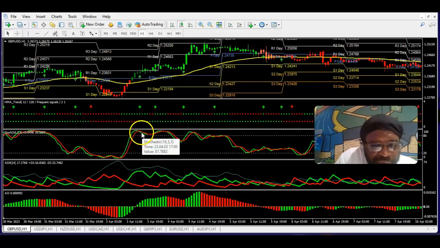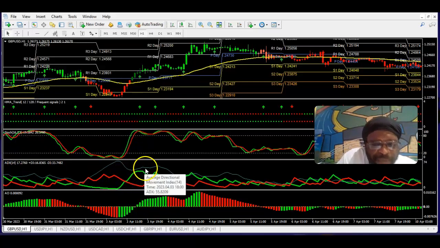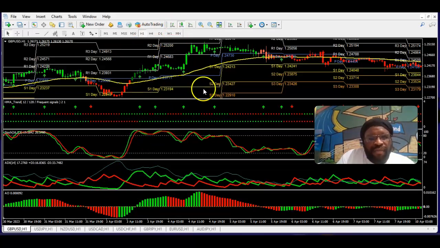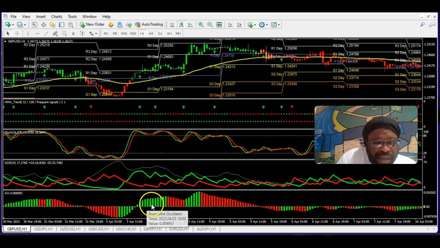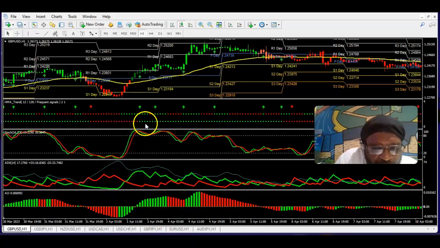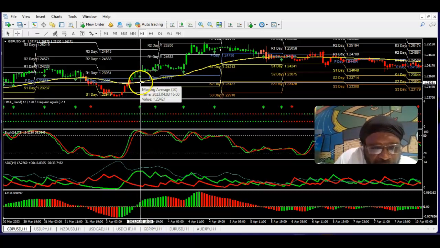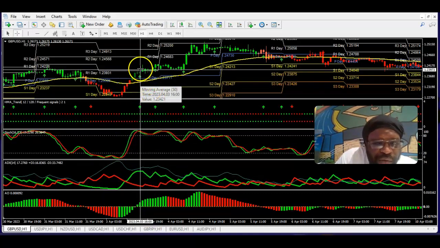Secondly, we must look down and look for the stochastic to be green over the red. If the green is over the red, you have your second check. Thirdly, the ADX must be green over red, showing that momentum buyers are in the market, taking over the trend. Then we must have a green bar at the bottom of the awesome oscillator. If all the checks line up correctly, you can enter this trade for a buy.